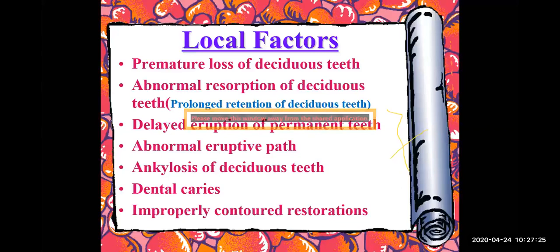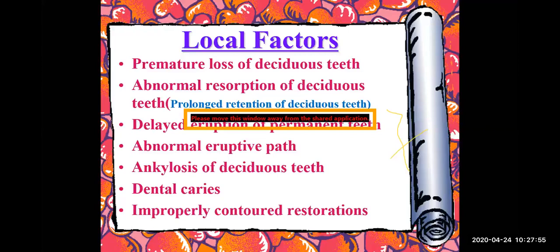If you see improperly contoured restorations, you need to refer the patient to the endodontics department, orthodontics, oral surgeon or periodontics department. Very, very important, the local factors of treatment.